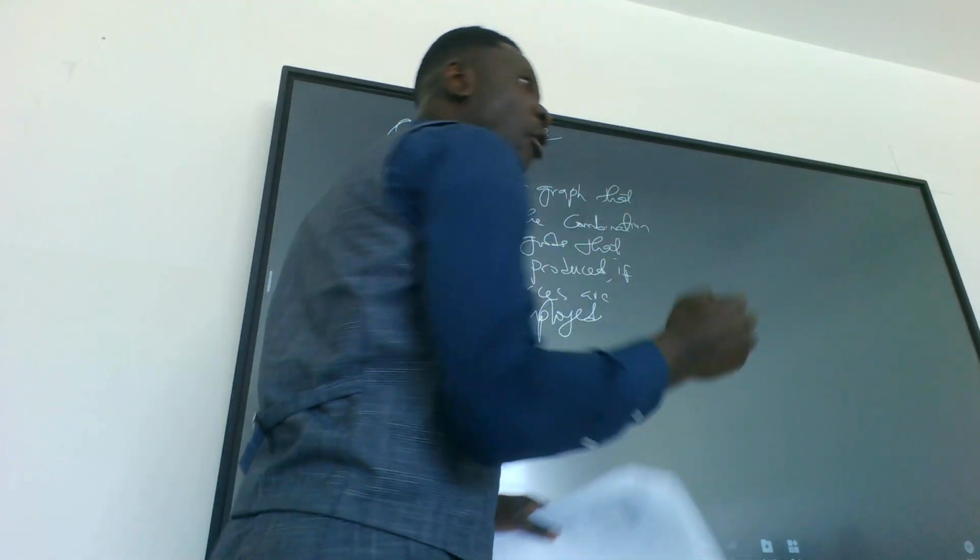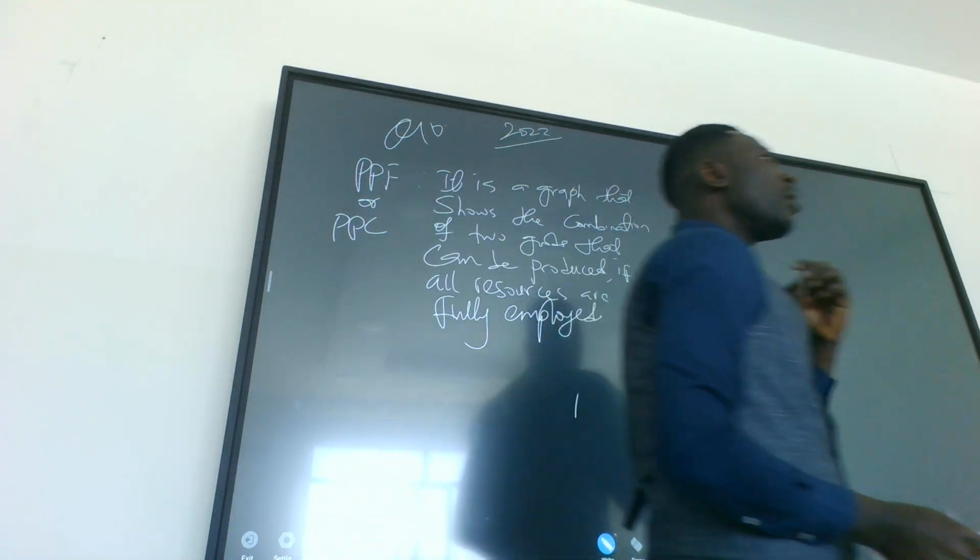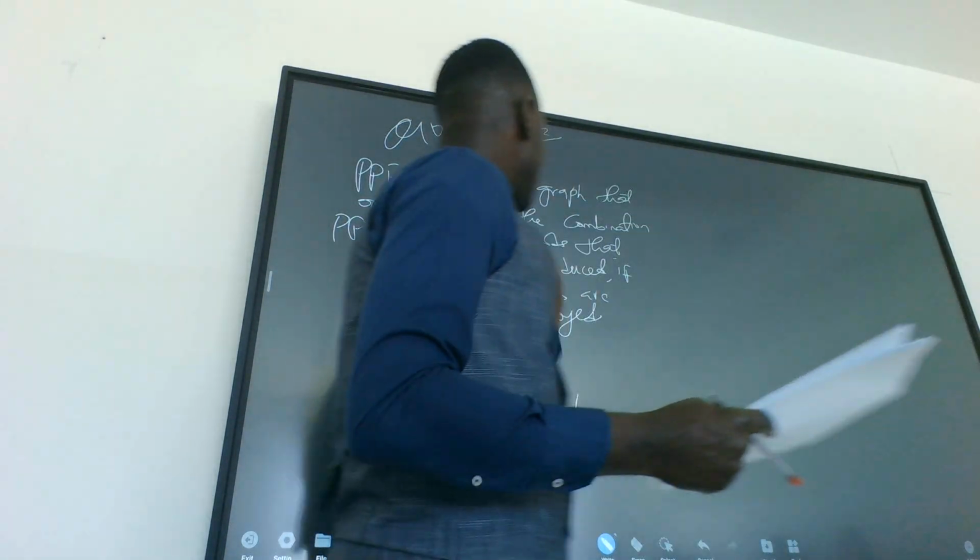So we call it PPF or PPC, production possibility curve or production possibility frontier. That is the meaning of PPF.